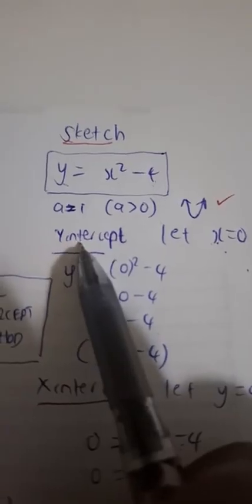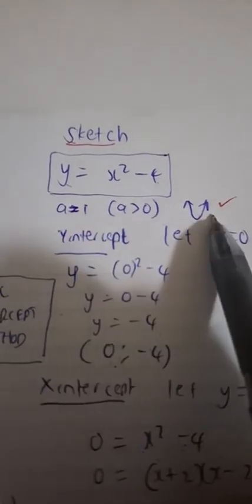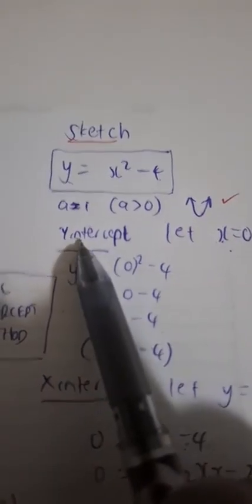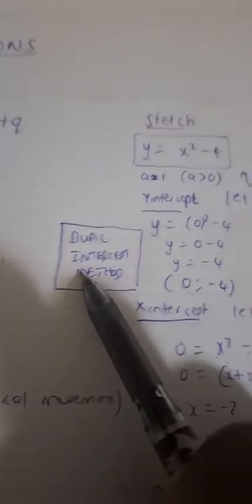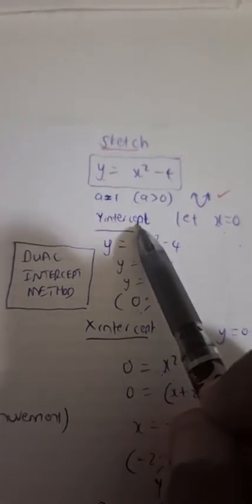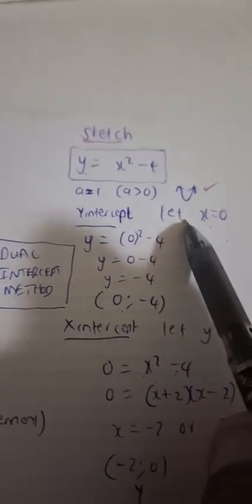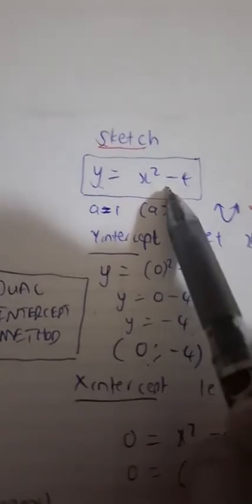Once we have established the shape, we move on and use what we call the dual intercept method. We find the y-intercept first. We let x be equal to 0 and substitute it into our function.